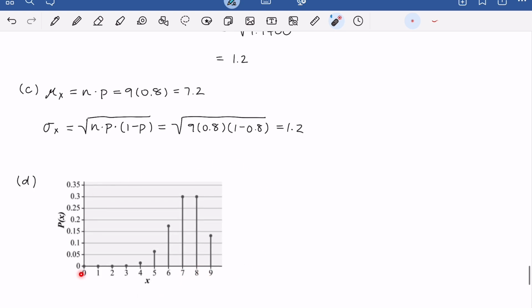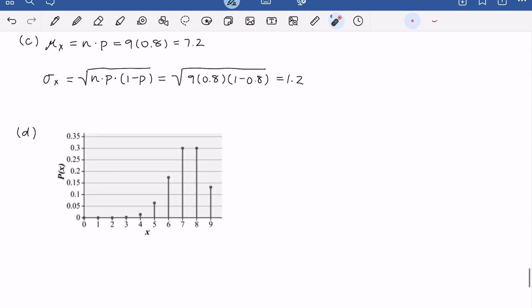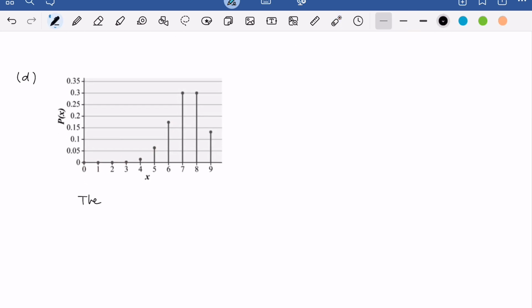So this graph accurately represents our binomial probability distribution that we created in part A. And then lastly, as we can see, this distribution is going to be skewed left. So we'll write that here. So our distribution is skewed left.